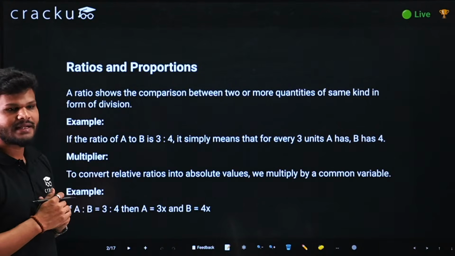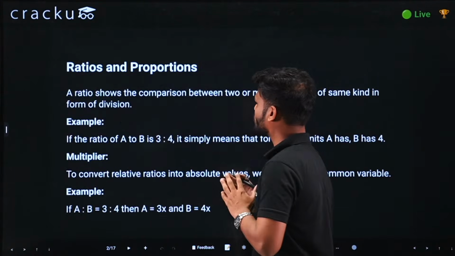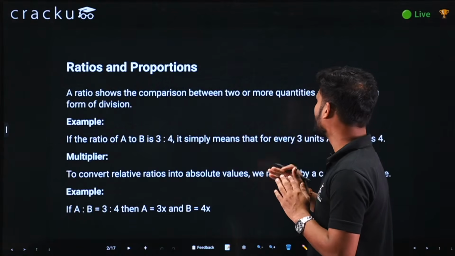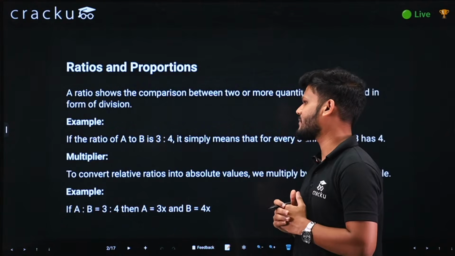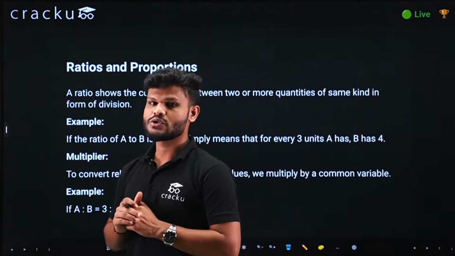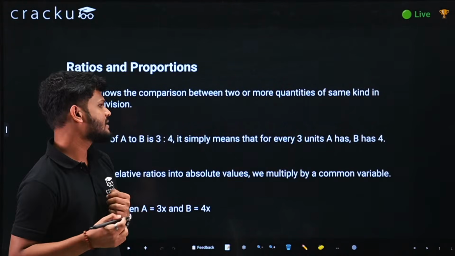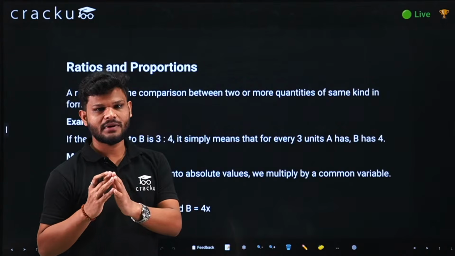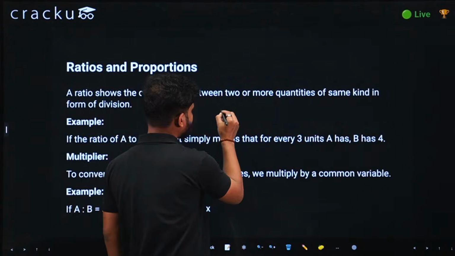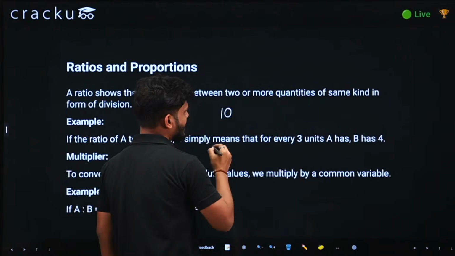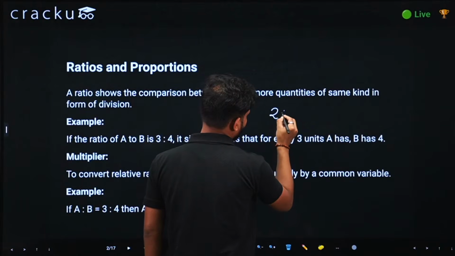So what actually are ratios? A ratio shows the comparison between two or more quantities of the same kind in the form of division. Let us say two people have speeds in kilometers per hour. The first person's speed is 10 kilometers per hour, and another person's speed is 20 kilometers per hour.